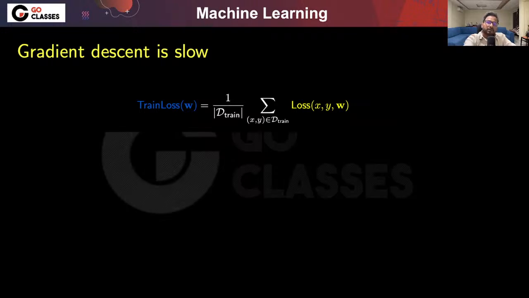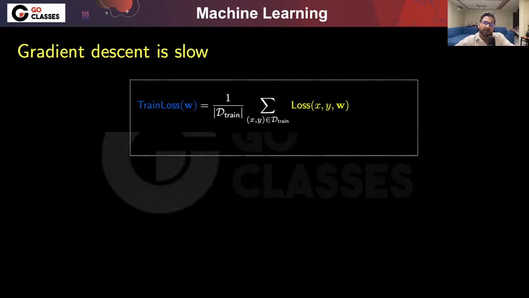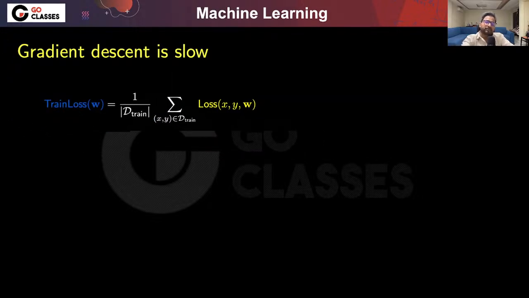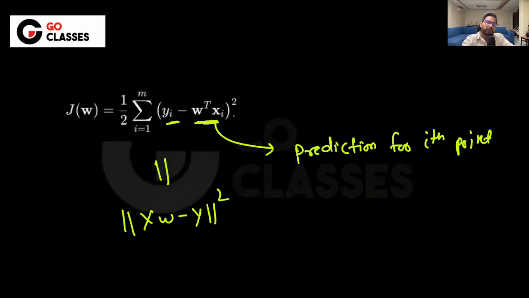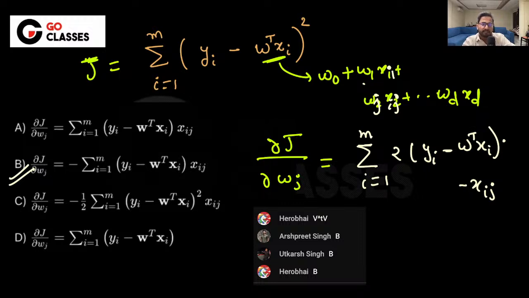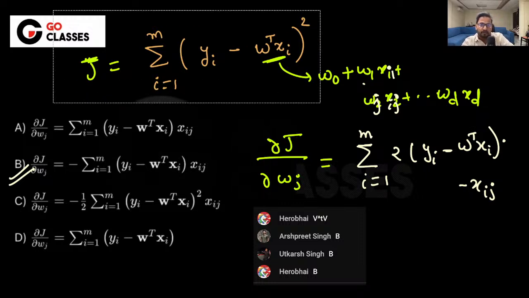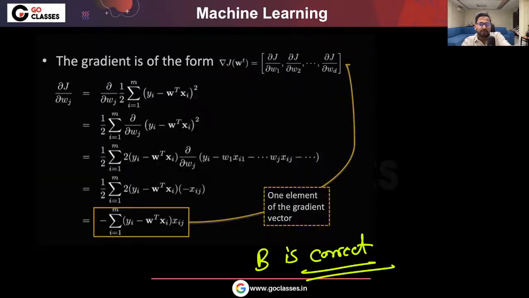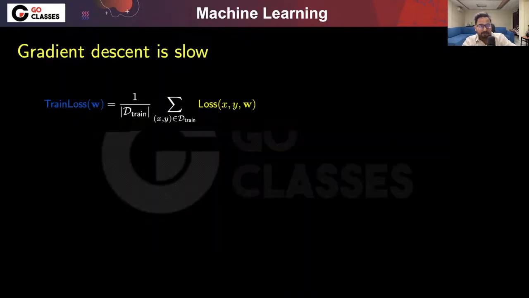See, let's suppose this is your train loss, right? Your train loss will always be the summation of all the quantities, in the sense all the samples or all the examples basically. Let me write here.